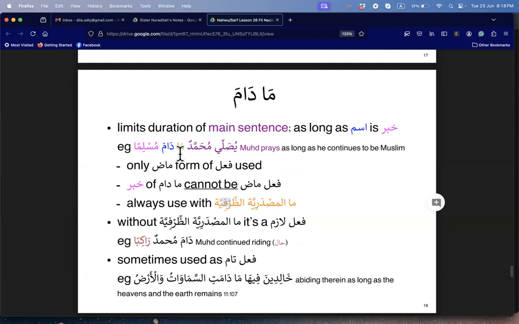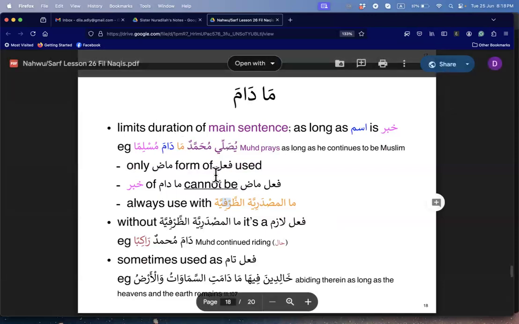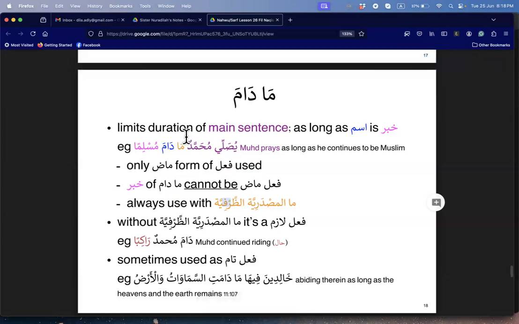When it's zorf, it's obviously going to be maf'ul fihi muta'alliq to the fi'il. Very easy, actually. The new thing is the ma masdariyah. So this thing is going to be masdar mu'awwal fi mahali nasab, maf'ul fihi, zorf, and muta'alliq to the fi'il.